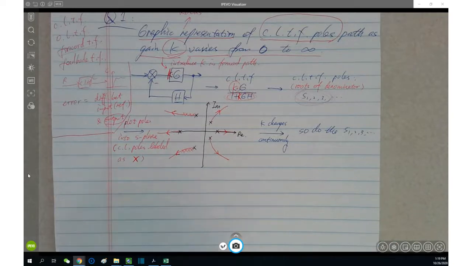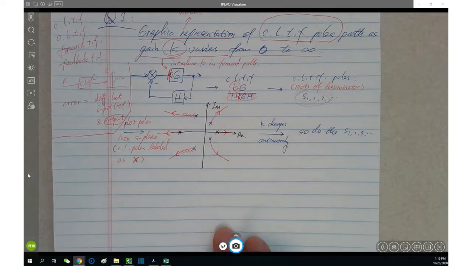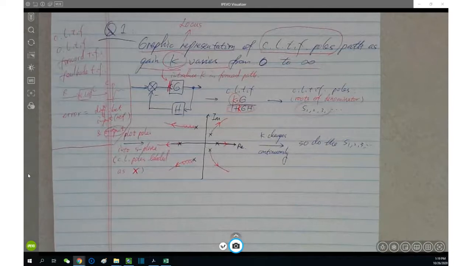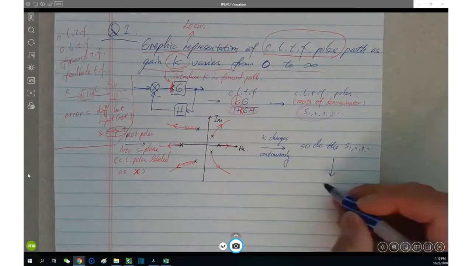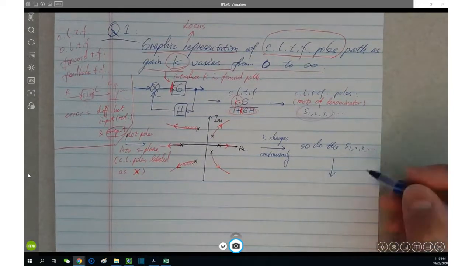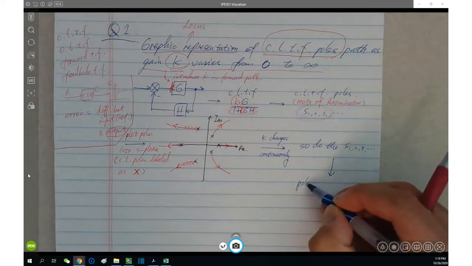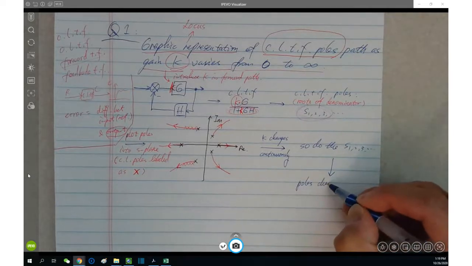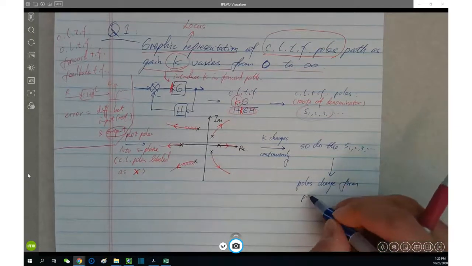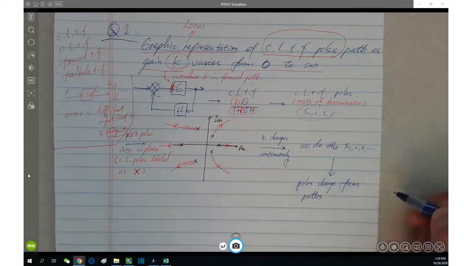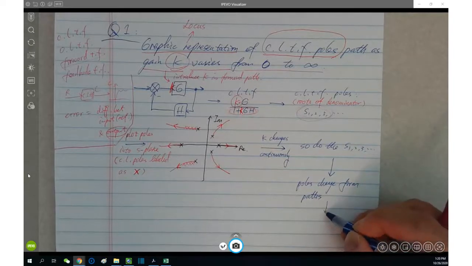They are nothing but a path, not dots anymore. This is how we end up with a root locus.